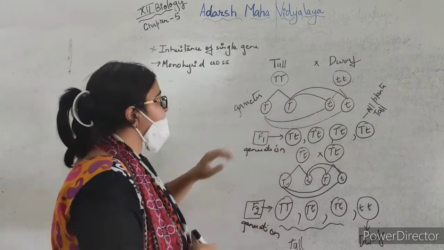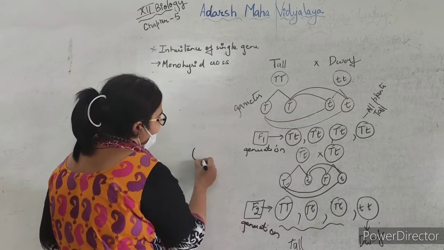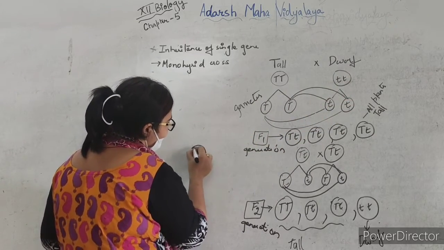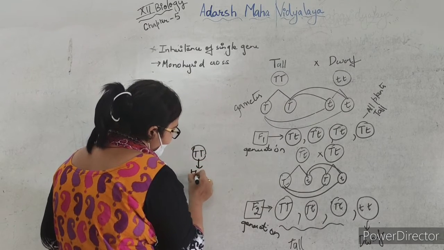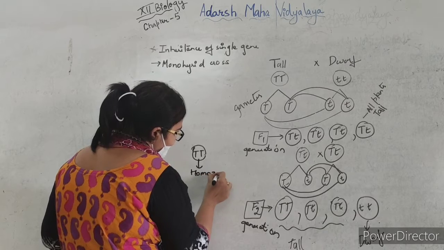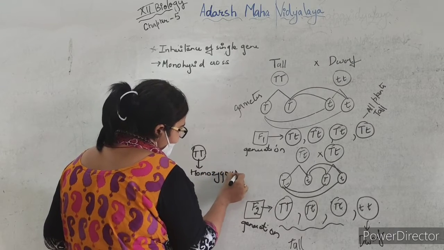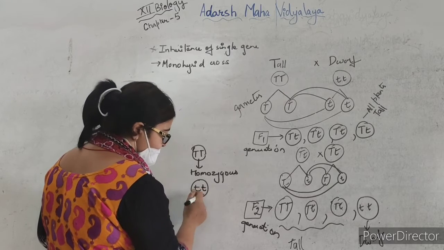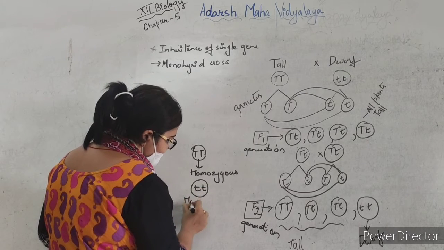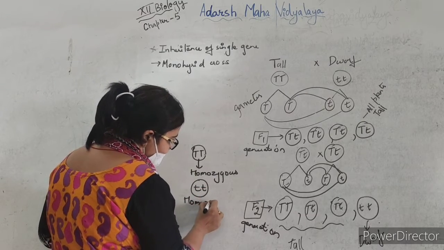Now when we have capital T and capital T, and both of these are the same, we call it homozygous. When we have small t and small t, because they both are the same, we also call it homozygous.